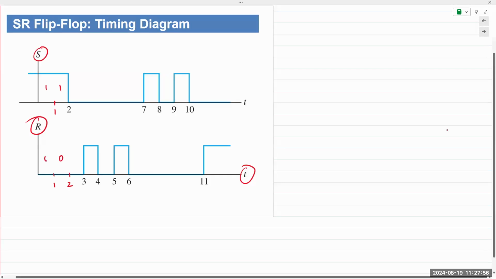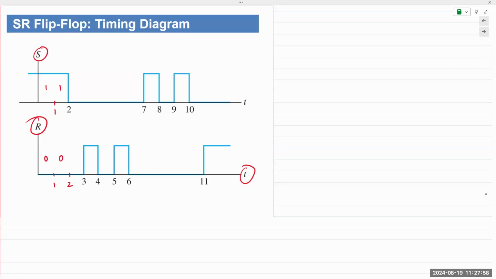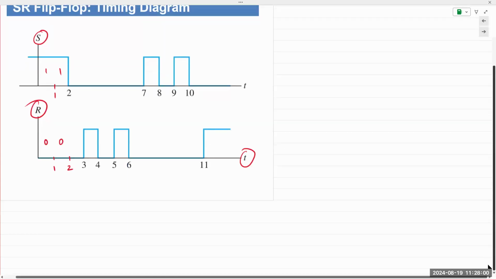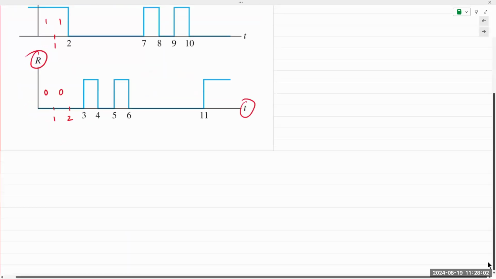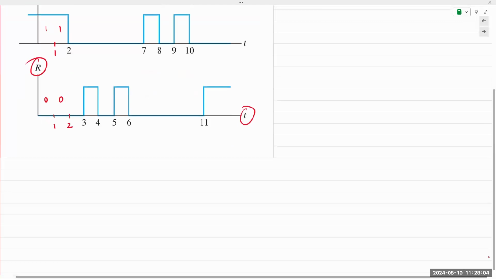If that's the case, and I wish to draw my output, let me draw this out.